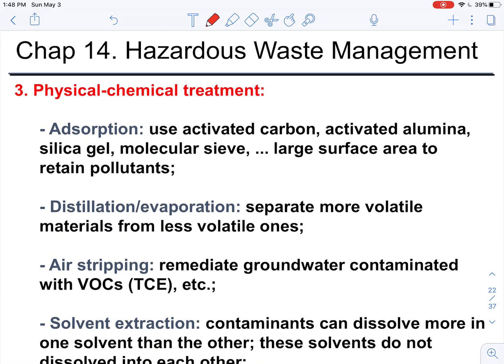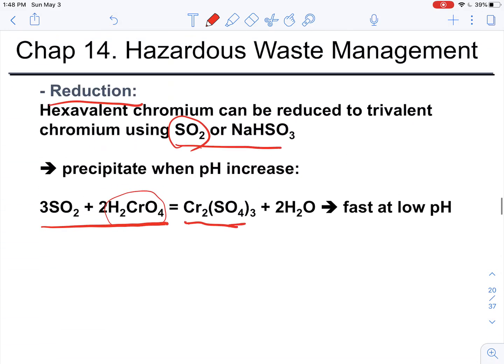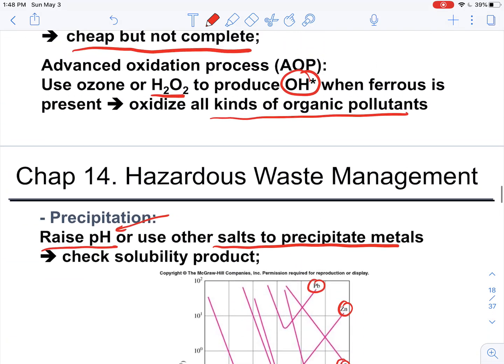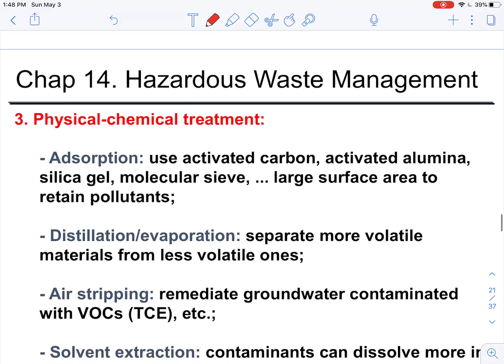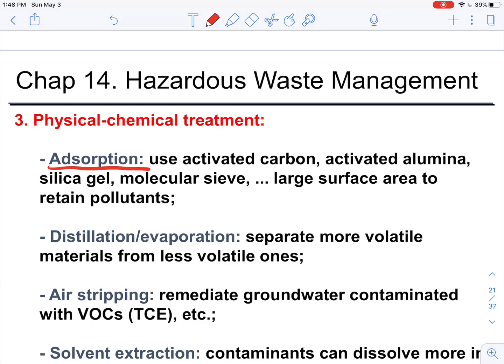So we can also use the physical chemical treatment. We have been talking about the chemical method, right? So we can also use the physical chemical treatment, where we can use adsorption, which is, for example, using the activated carbon, right? So we can use the high surface area to absorb these pollutants in the polluted stream there.